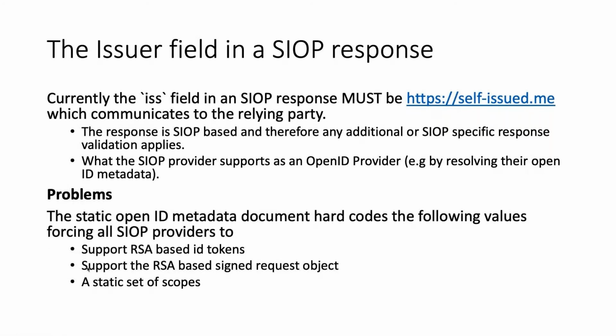And so in terms of a solution, I would like to potentially propose that we revise usage of this identifier and in place potentially have a URN or something else that indicates the response is SIOP based but removes the implication that the static OpenID metadata kind of enforces all OpenID providers to support RSA.